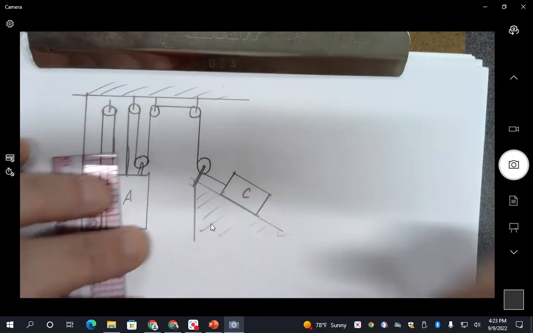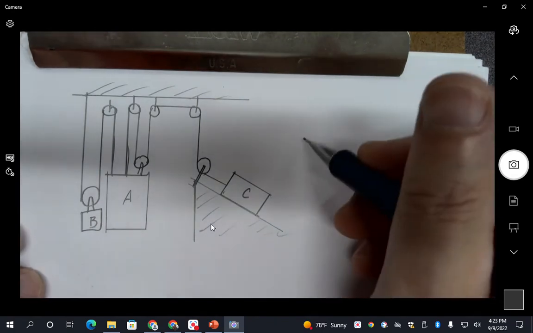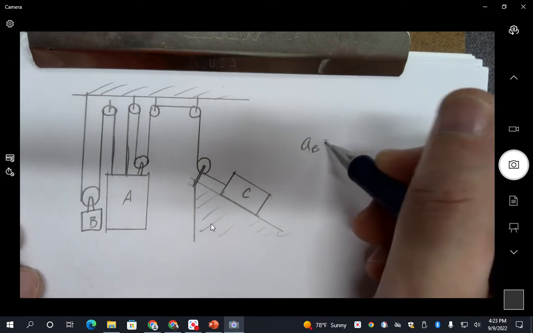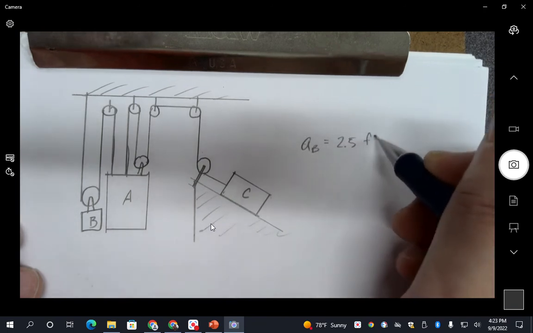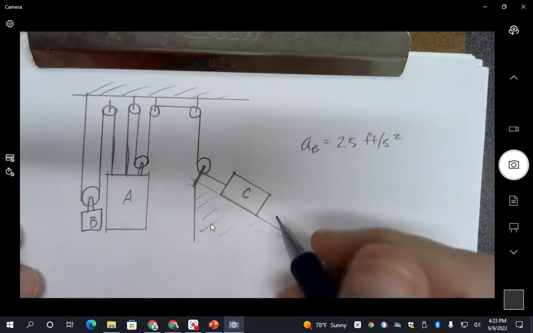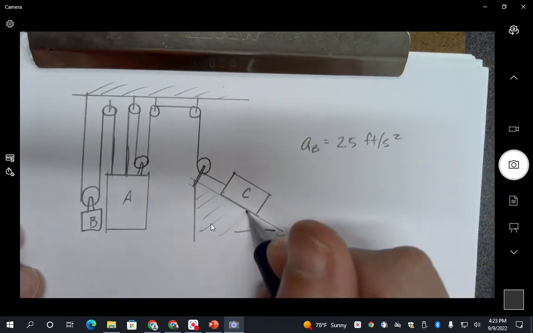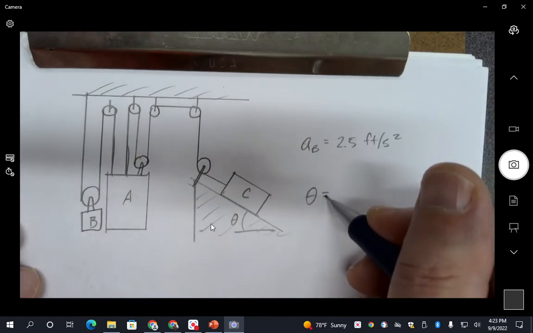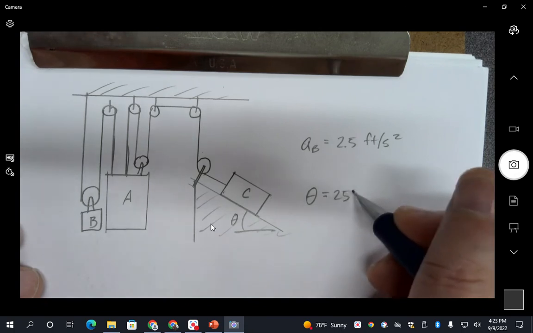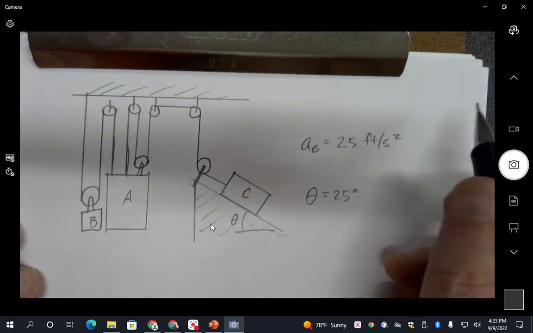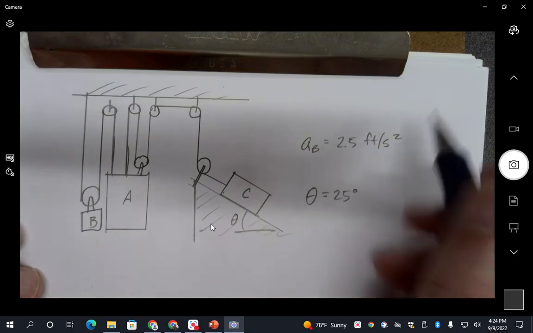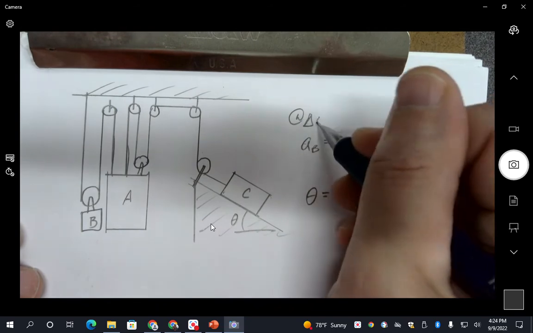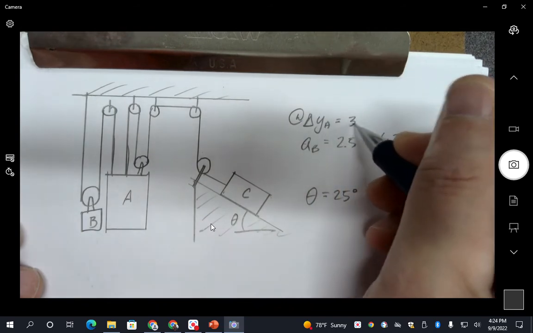And that is C. We're given that the acceleration of B is 2.5 feet per second squared. By the way, I need to get this angle right here; we're given that angle as 25 degrees, and delta y_A is equal to 3.5 feet.